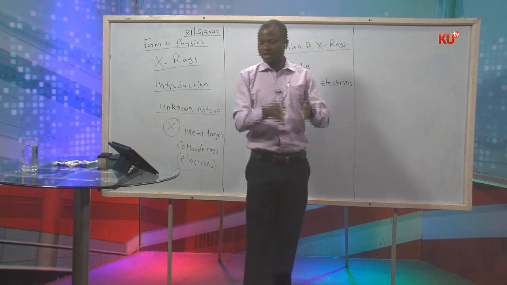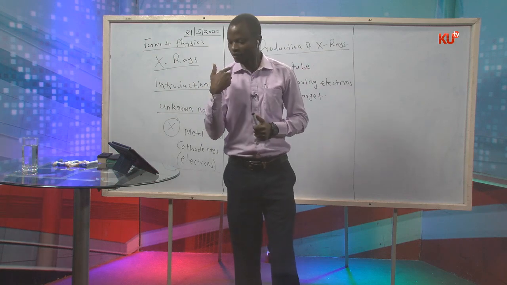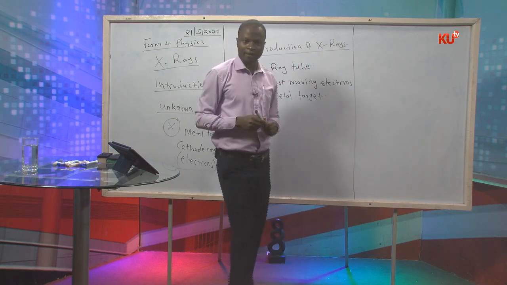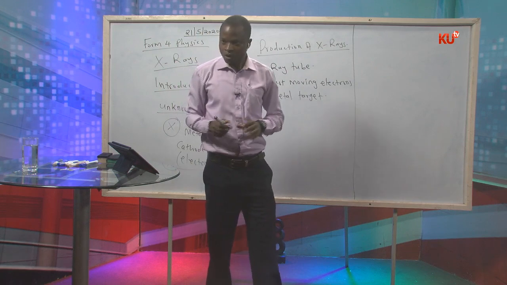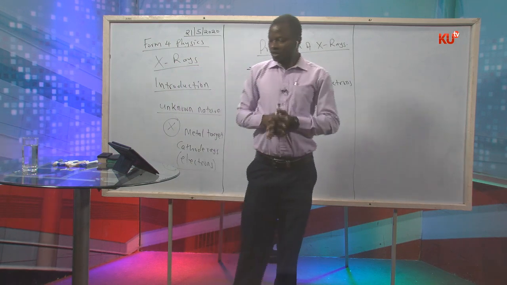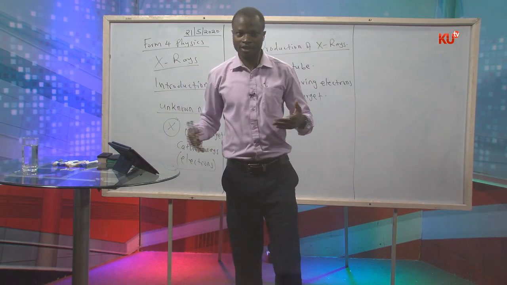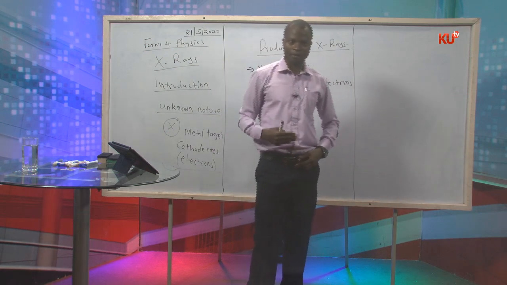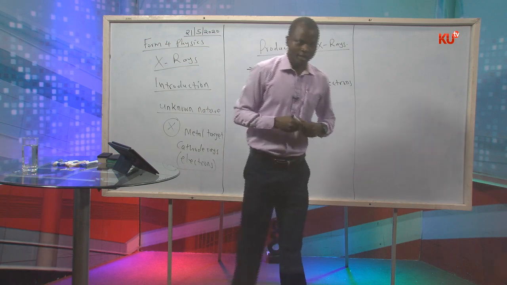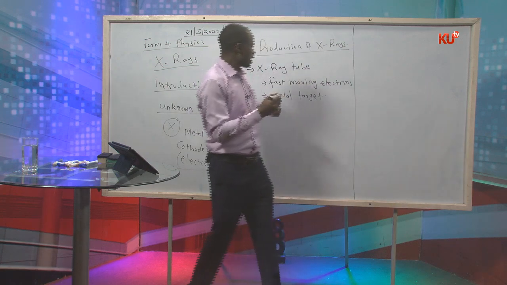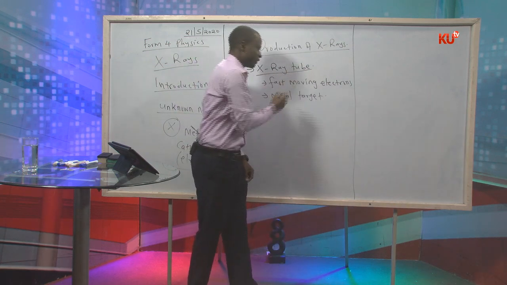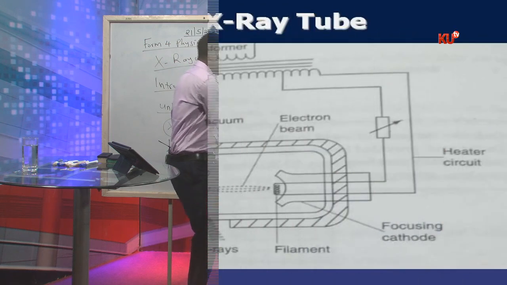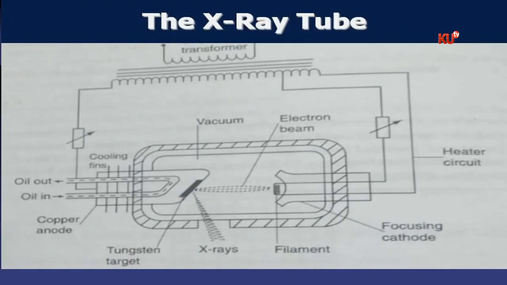Then they are suddenly stopped when they hit a metal target. Now we want to look at the main features of an X-ray tube. So when you are asked to describe the production of X-rays, tell us they are produced when fast-moving electrons are suddenly stopped by what? A metal target. Now where do they occur? In an X-ray tube. So in our next slide you will see the main features of an X-ray tube. You can call them X-ray tube features.